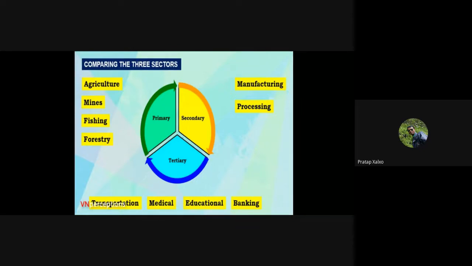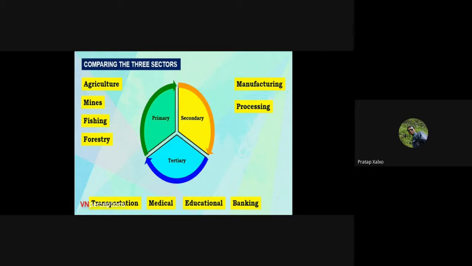If I take the first one, primary, here agriculture requires tools and equipments, tools and implements. It has to come from secondary sector. For mining, again, we require machines, and that has to come from the secondary sectors.